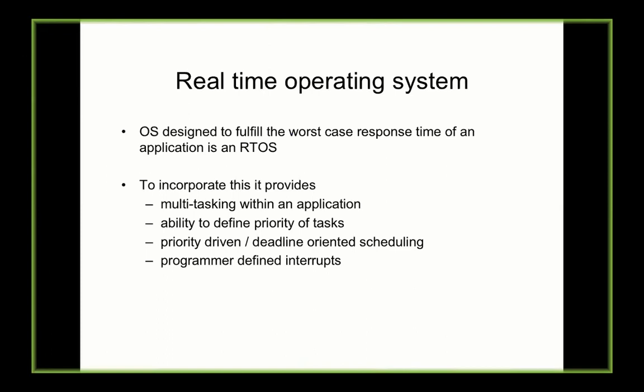You see a behavior, you model your application, task permutation and combination, and then you can change them. You can apply some deadline-oriented scheduling, and that can make your system very, very predictable. It also provides programmer-defined interrupts, so that you can program your software interrupts.